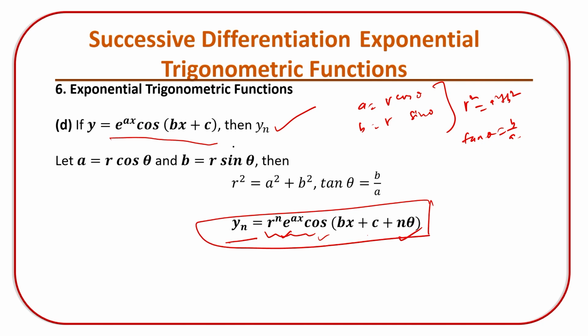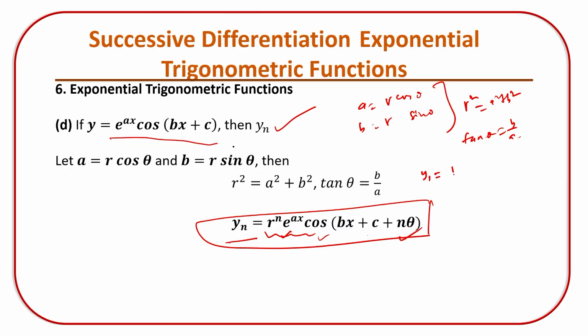And if you want to elaborate this question, just find out y1. Y1 becomes r into e power ax into cos of bx plus c plus theta, right? And similarly, what will y2 become? As we have seen, if it is in the form of cos of bx plus c plus something, then use just n pi by 2, right?